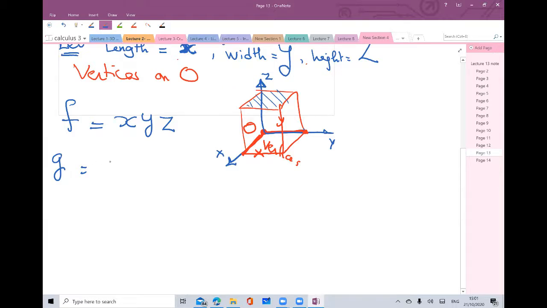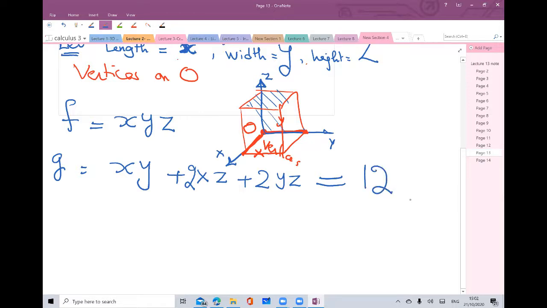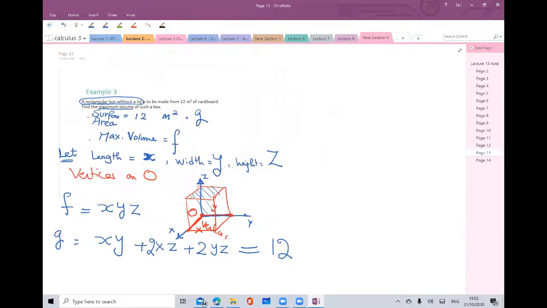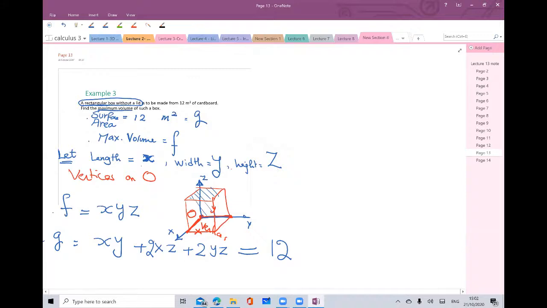What is the area of the base? x times y. What is the area of a face, for example this one? x times z, times 2, since I have 2 of them, and also y times z, I have 2 of them. So this is my surface area. What do I know? The constraint is that my surface area is equal to 12 square meters. So this is my g, this is the constraint, and this is the function to be maximized.